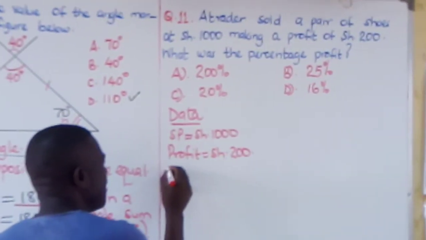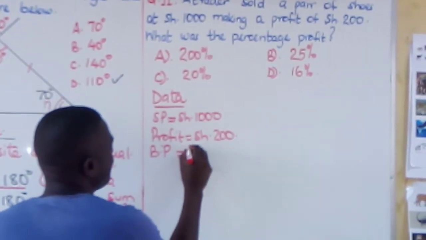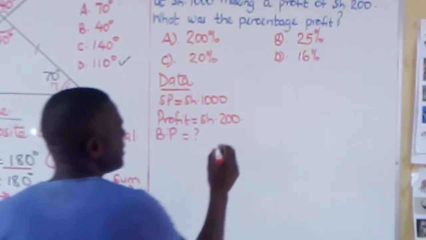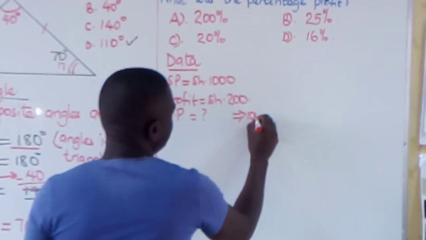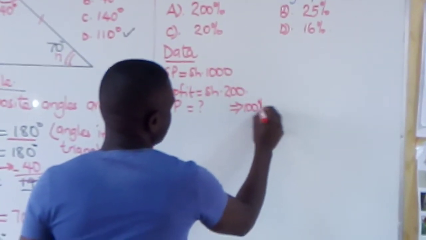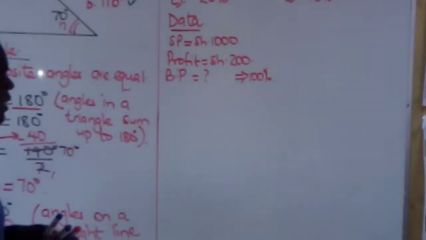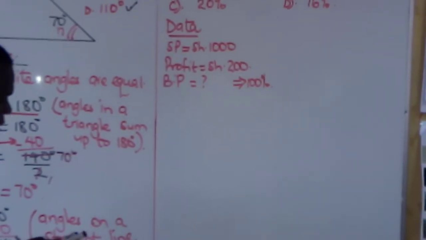We don't have buying price. What do we know about buying price? We know that buying price is 100%. With this information, we can find the percentage profit.